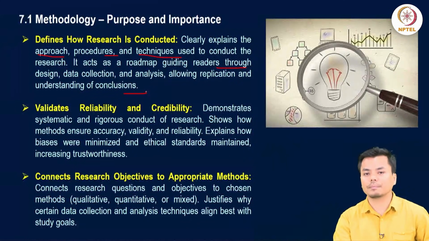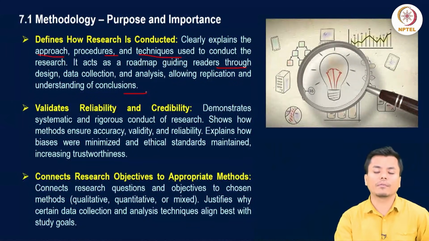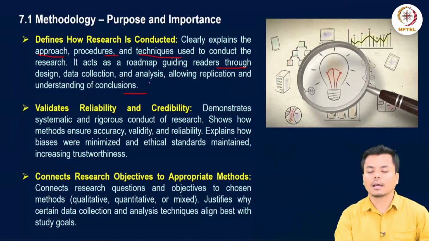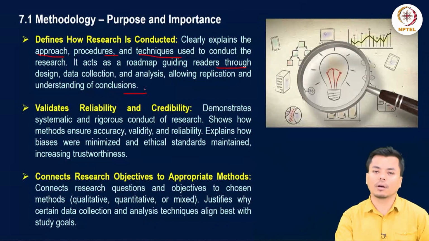So if any reader or interested student goes through the report, it should be very clearly understood by the reader what steps you have taken to reach the design stage. All that has to be very clearly mentioned in your report. Then this chapter also validates the reliability and credibility, because these two are important pillars of successful thesis completion.